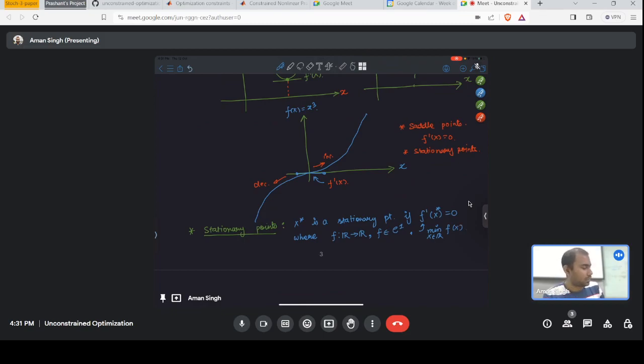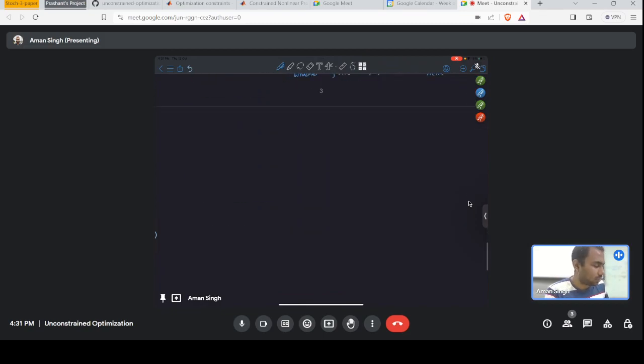Okay, then such a point is called stationary point. So that's just a formal way of defining stationary points. And we have already seen that it's not a sufficient condition. So we'll just state it that f dash x equal to 0 is only a necessary condition and not a sufficient one. Okay.